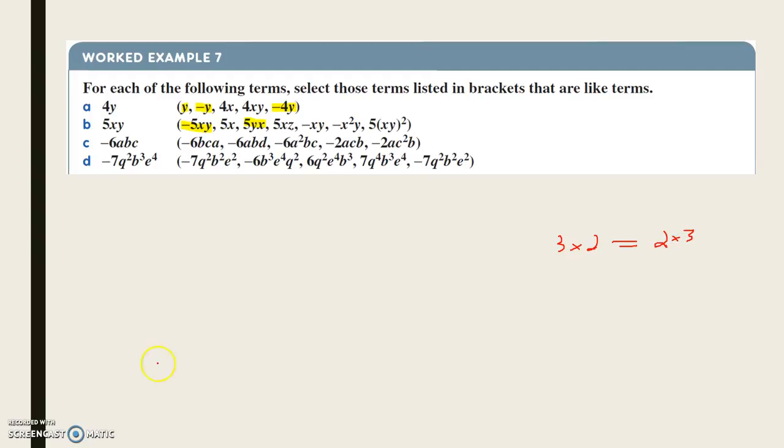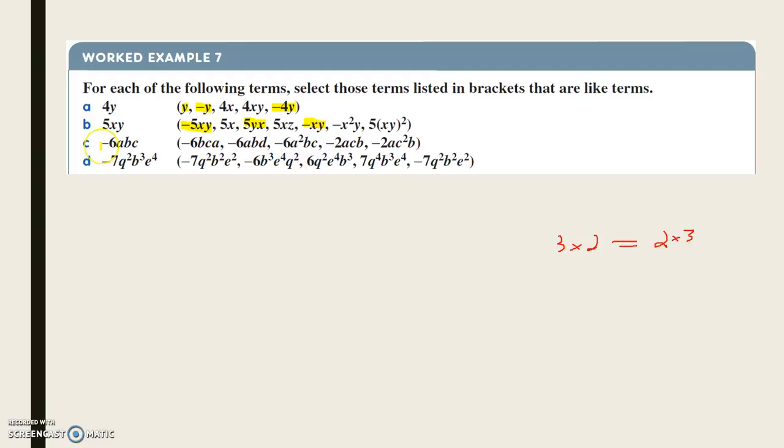They both equal 6, which is why this is allowed. So let's keep working. This one here, negative xy, is negative 1 lot. This is not the same. X squared is not the same as x. And nor is this one, because it's actually xy times xy, which is x squared, y squared. So putting the pronumerals to the power changes the term.